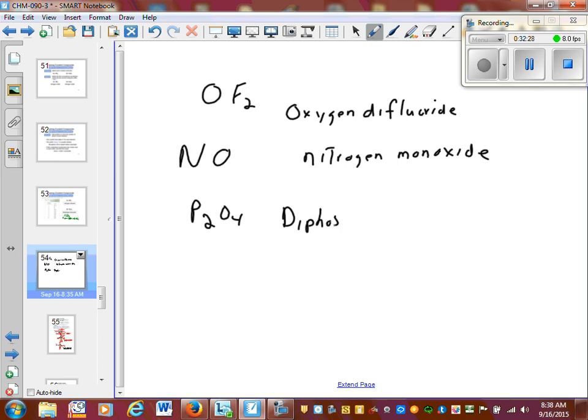When you have two vowels together, you lose the first one. It's tetroxide. The prefix is tetra, but you drop the A. So it's diphosphorus tetroxide.